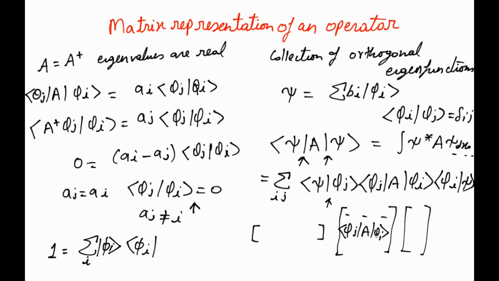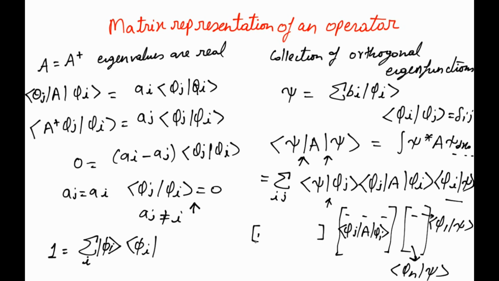With different values of i and j, it fills the matrix. And here are the projections. Let's start counting from 1, so phi 1. Like this, the last column, let's say there are n eigenfunctions, then it's going to be phi n psi.